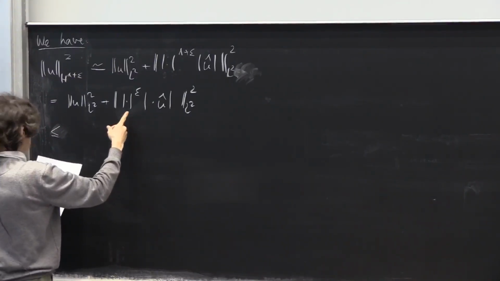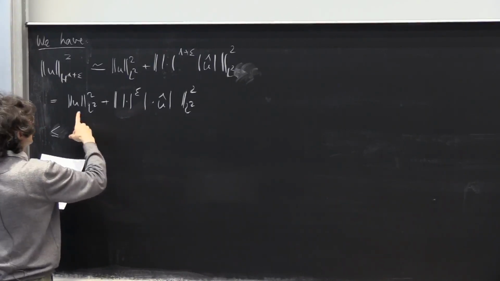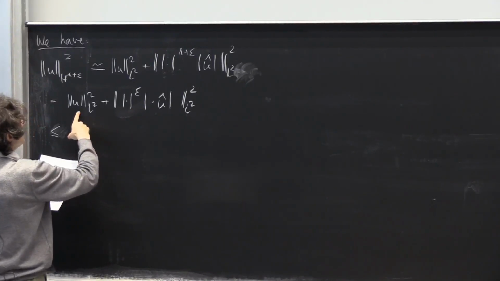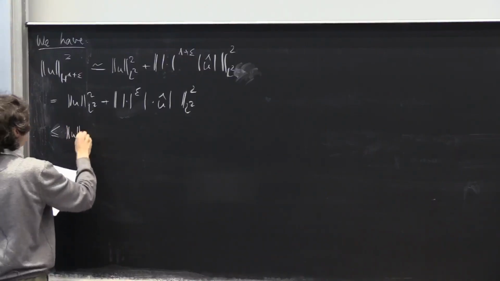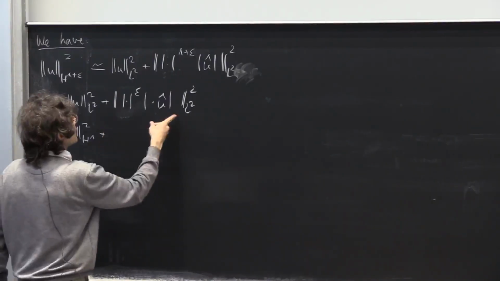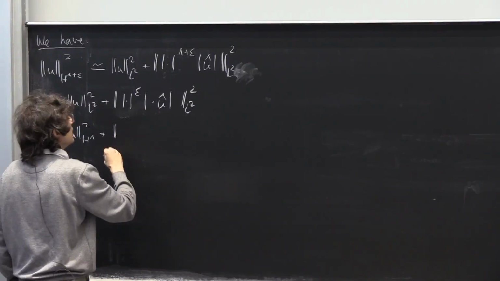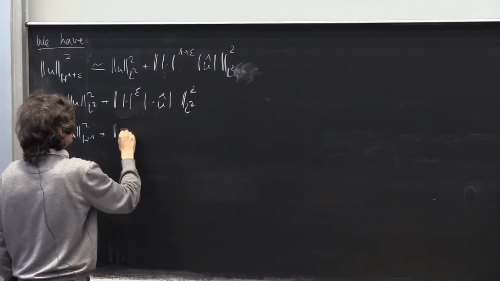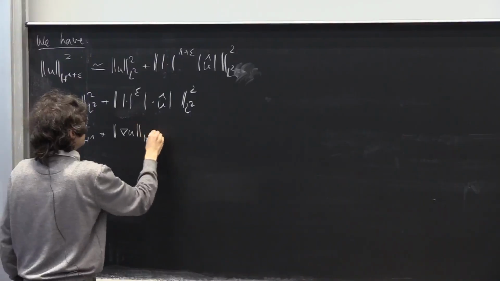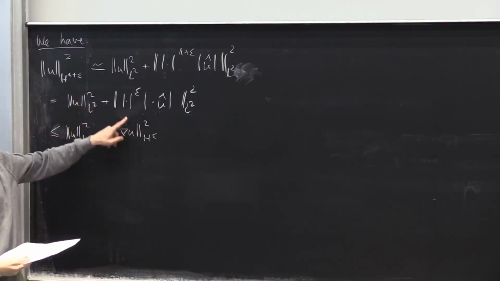So here I add something to make this the H1 norm of U. So I add the L2 norm, the weak derivative of U. And here I add the L2 norm of U. And then this is the H epsilon norm of the gradient of U. It's less or equal than this thing.